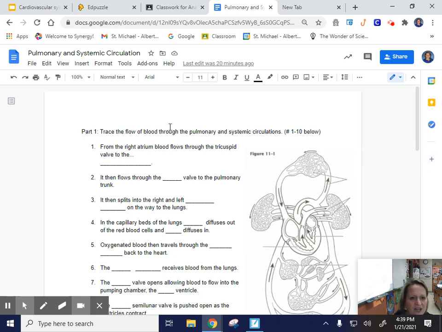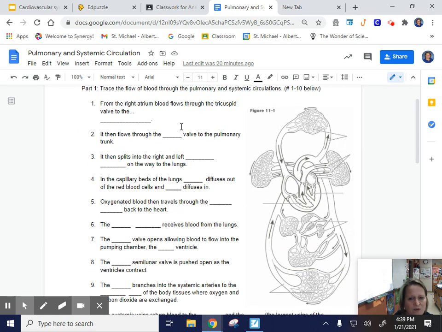The first is trace the blood flow through the pulmonary and systemic circulation. So that's 1 through 10. So this is going in order. So from the right atrium, blood flows through the tricuspid valve to, so there's the right atrium, it's going past the valve to the blank. And so you're going to write that in there. So you're using this to finish the sentences.